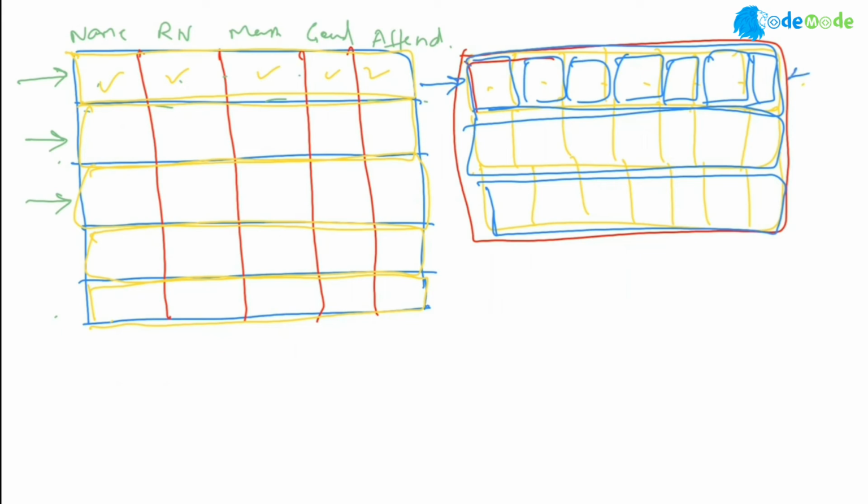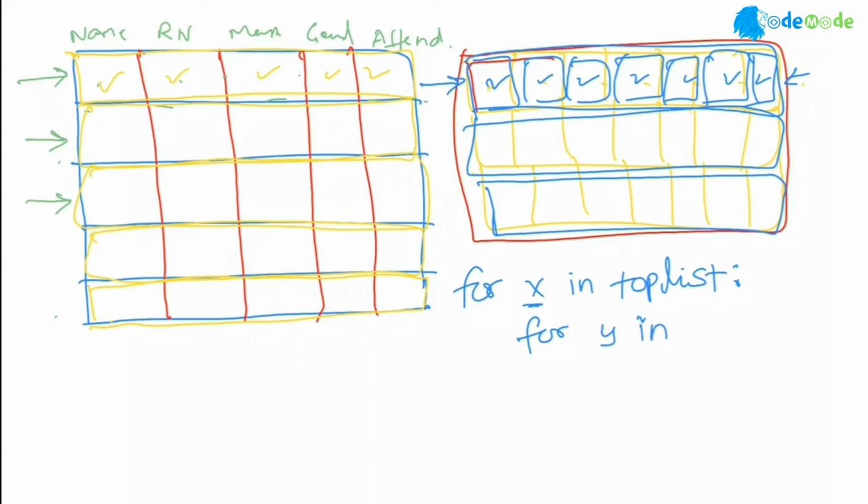Okay, makes sense? So how will you do it? You will keep this list and say for X in, suppose, top list. And then X itself is a list, right? Because this is a list. Then we'll say for Y in X. Now this Y is each cell.